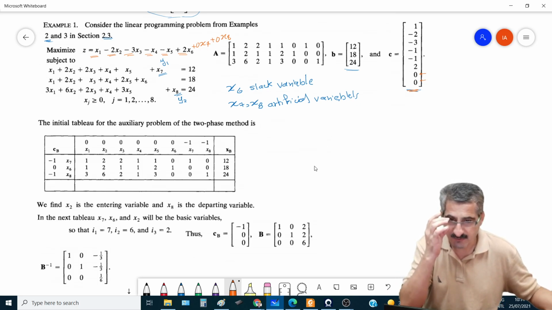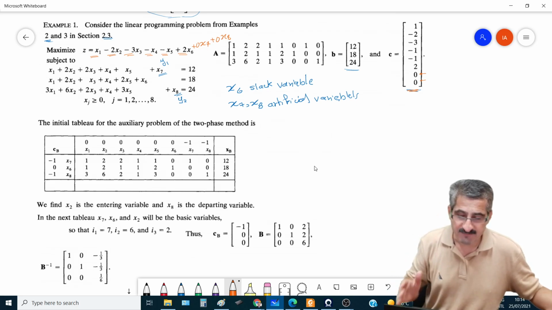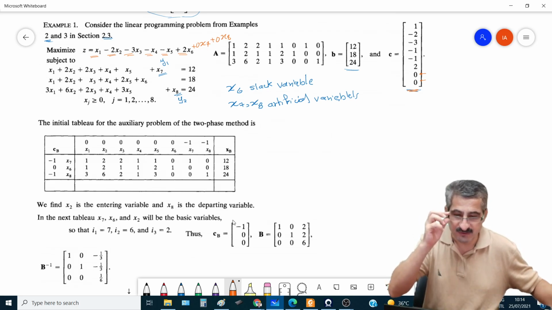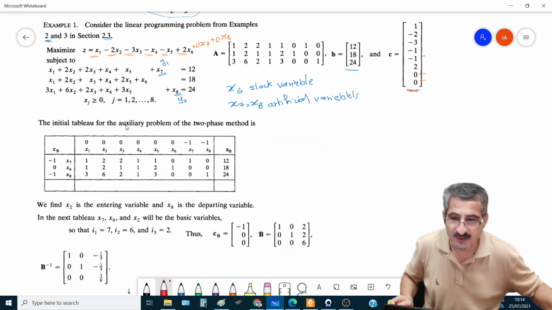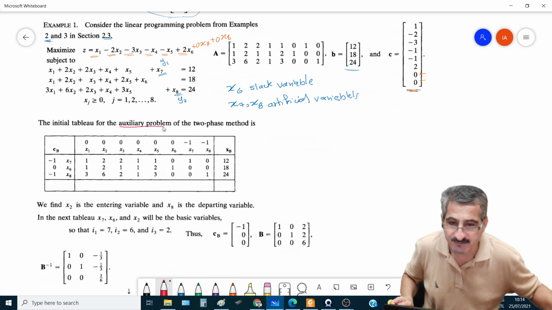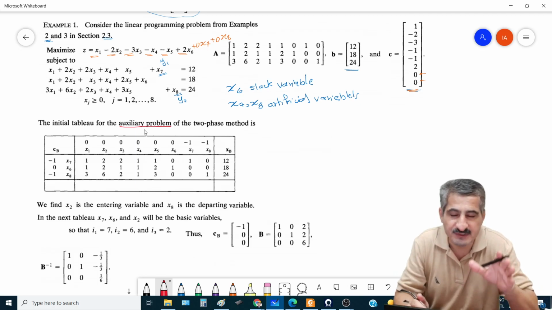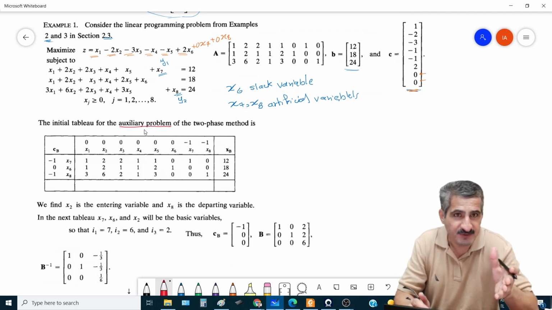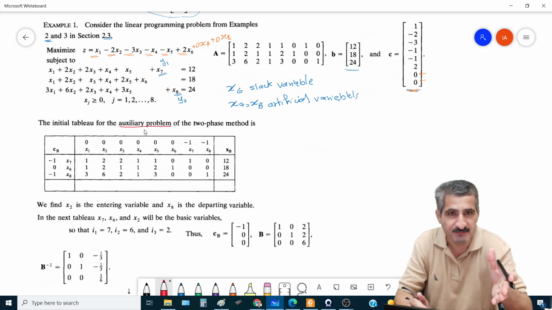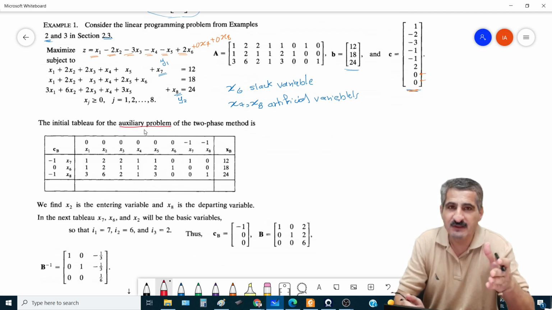Because we have artificial variables, we make the auxiliary problem, having the artificial variables as basic variables. Artificial and slack variables are basic variables. Then we start phase one and do the pivoting.